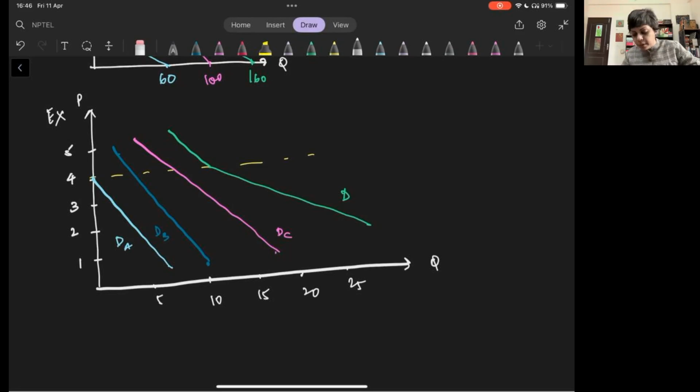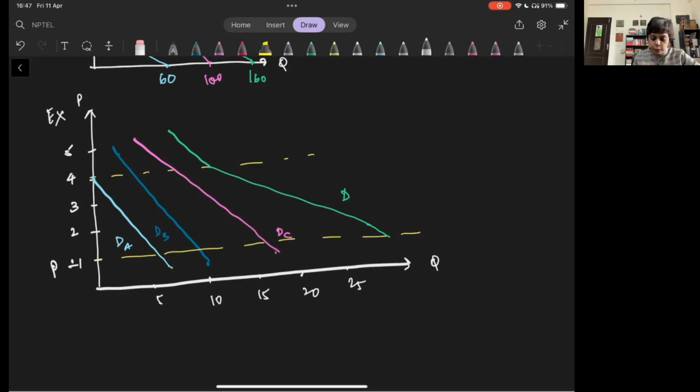So basically what we're trying to do is that for each value of price, for example, P equal to 1, we are taking a summation of the quantities horizontally, meaning across each demand function. So this green line, you can just extend it a little bit here. Which means that D, capital D, is definitely going to be much farther out than DA, DB, DC, right?